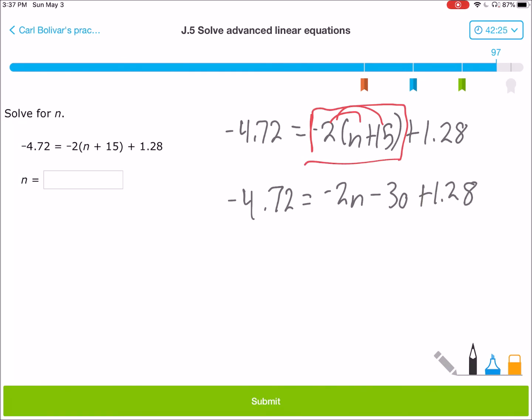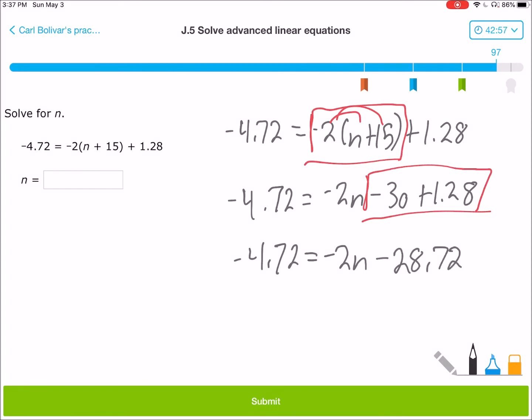Okay, so now I am going to simplify these two terms here. So it should be negative 4.72 is equal to negative 2n and then negative 30 plus 1.28. So negative 30 plus 1.28 is negative 28.72, right?